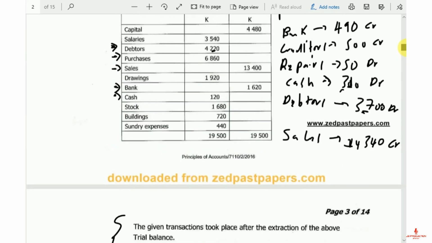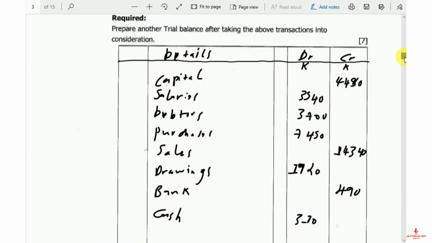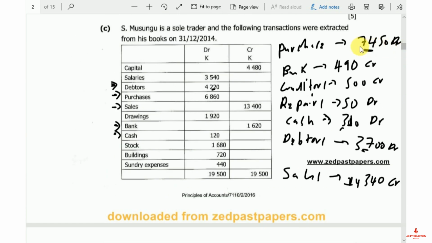Then we have stock. Stock amounted to 1680, and stock was not affected, so we're going to record 1680. Then we have buildings. Buildings was not affected, that amounted to 720.